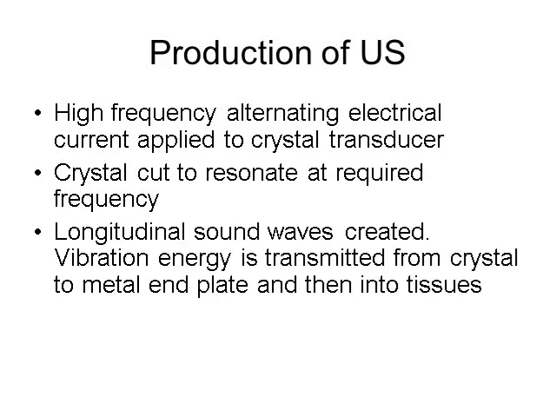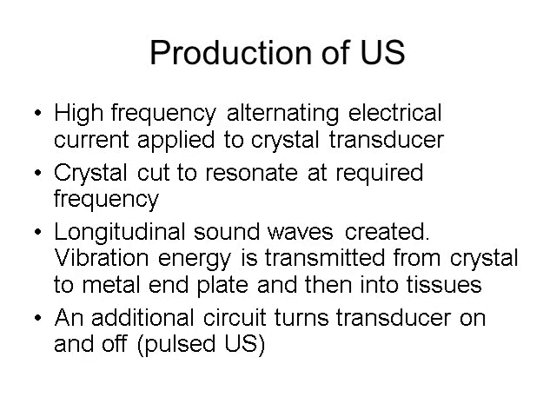As the crystal vibrates, longitudinal sound waves are set up, with vibrational energy being transferred from the crystal to the metal treatment head and then into the tissues. An additional electrical circuit is used to turn the crystal transducer on and off, producing pulsed ultrasound.